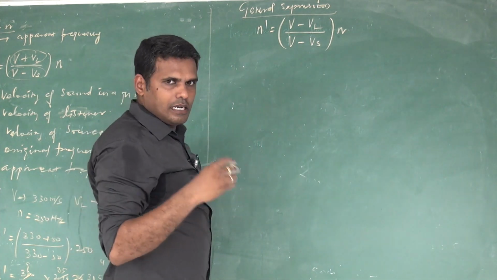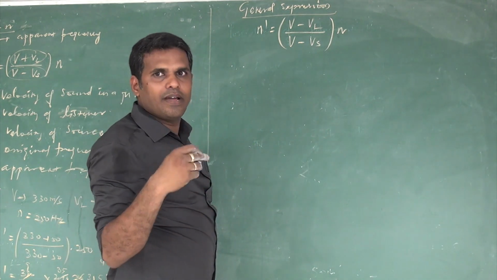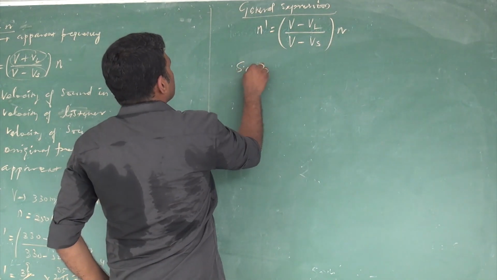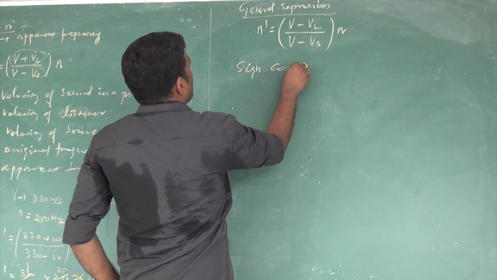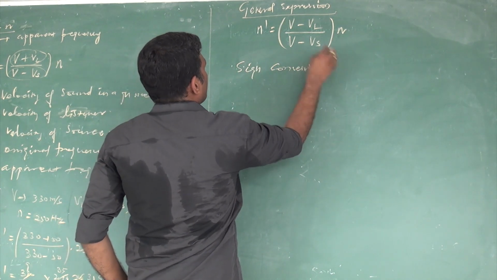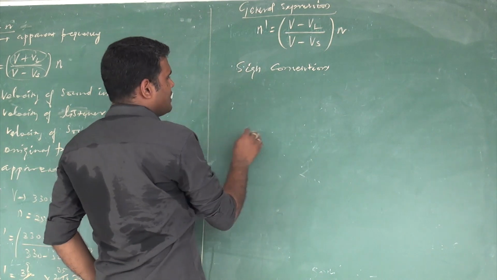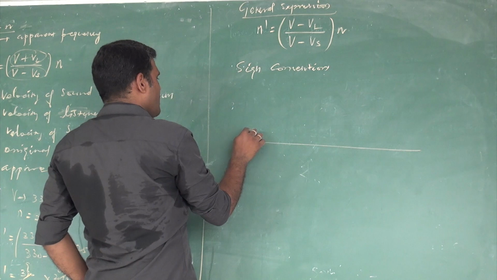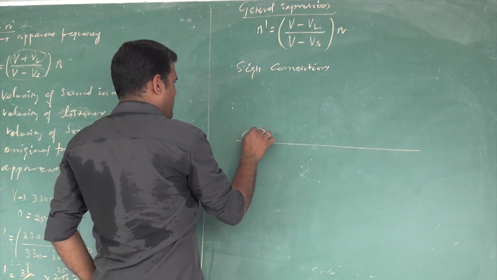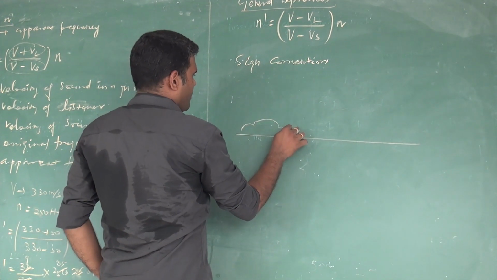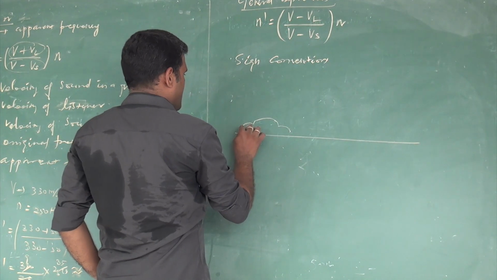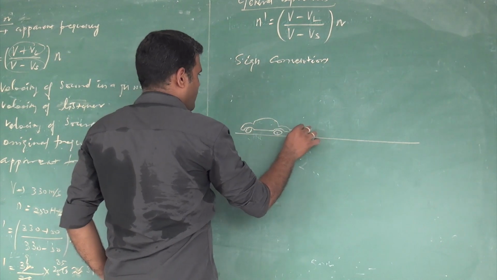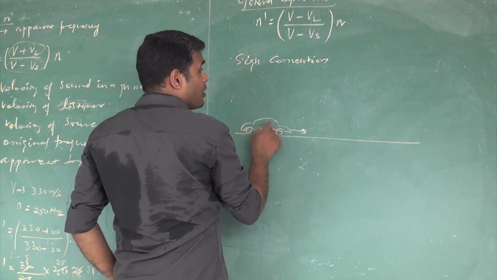In order to study the different values of apparent frequencies for different relative motions, we need to apply some sign convention here. In order to understand the sign convention, I can give a simple example. A car is moving, which is the sounding source.